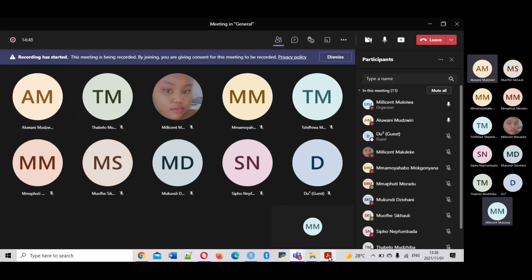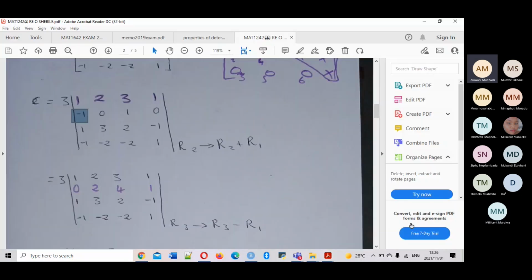Sipho. Meeting. The main reason is what? Let me check. Wait. I'm checking. Unable to join the meeting, or the meeting is incorrect.